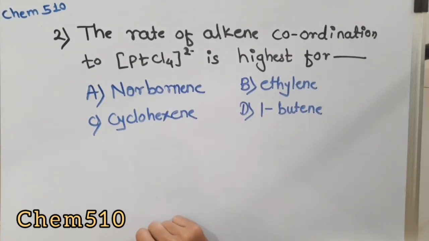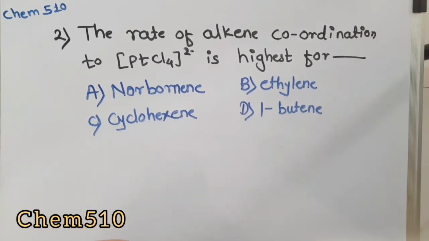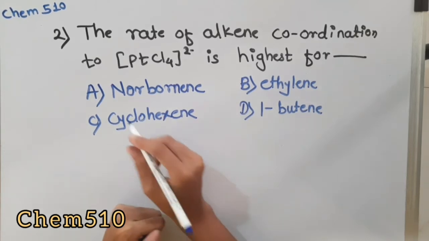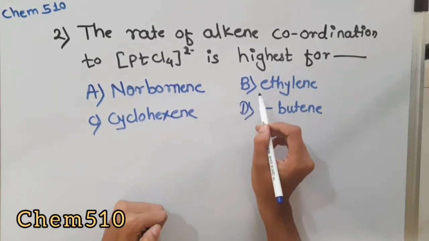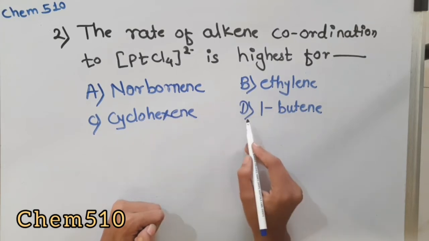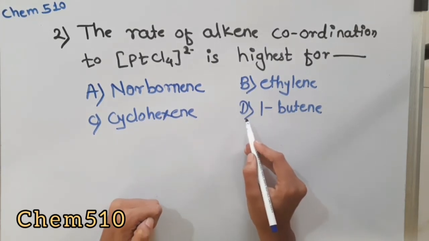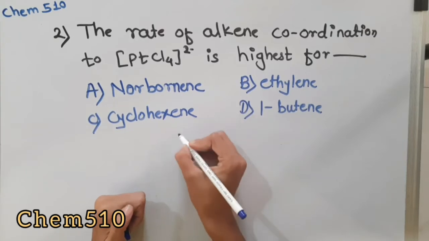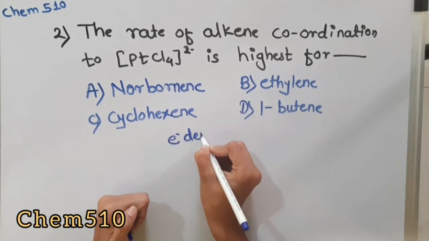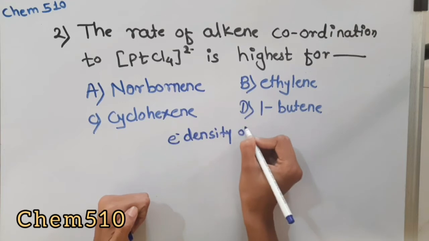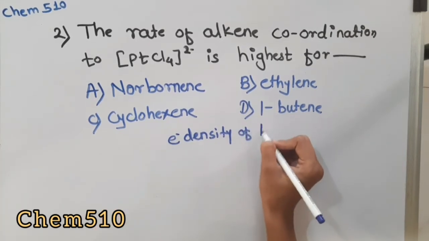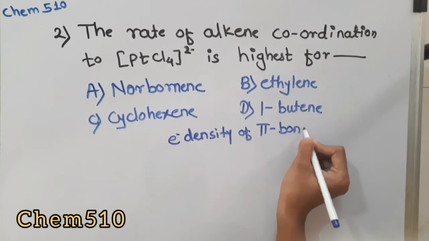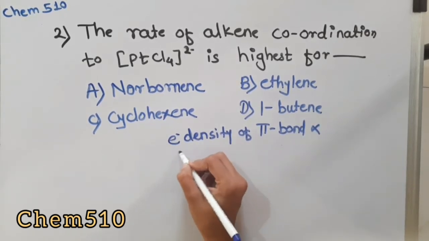Second, the rate of alkene coordination to PtCl4 2- is highest for option A norbornene, B ethylene, C cyclohexene, and D 1-butene. As the electron density of the pi bond increases, the rate of coordination increases, meaning electron density of the pi bond is directly proportional to the coordination rate.